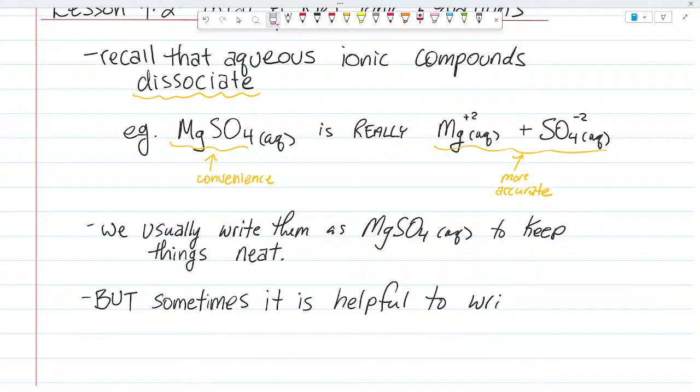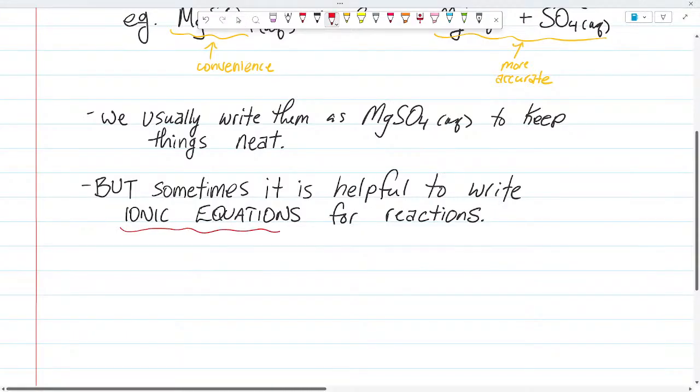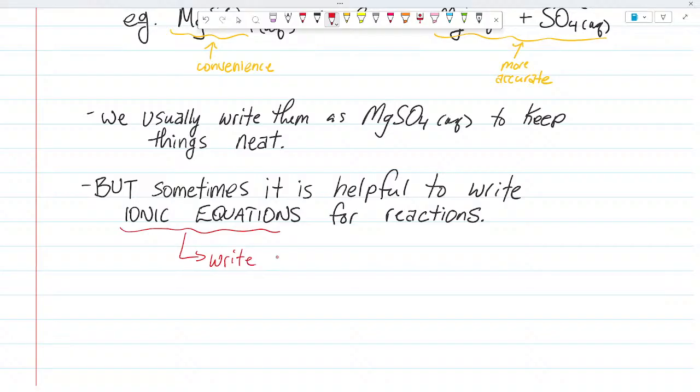Oh, fun fact, right has a T in it. And when we say writing an ionic equation, what we mean by that is that we would write A plus AQ plus B minus AQ instead of just writing that the thing is aqueous.